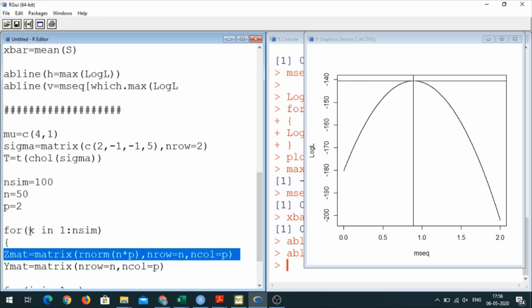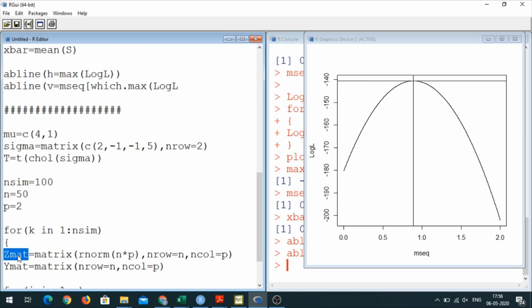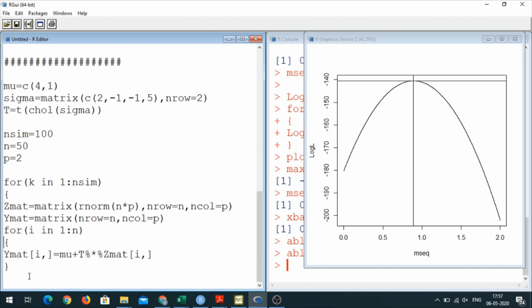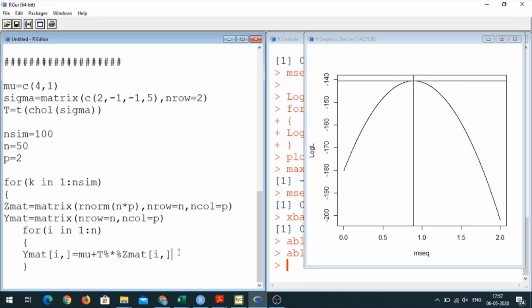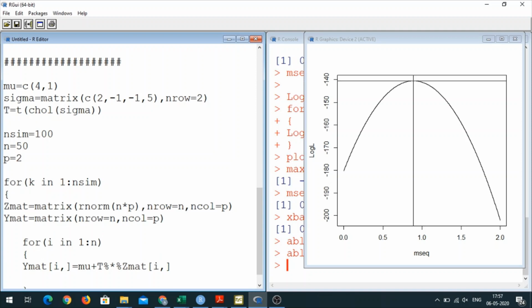So for every simulation, first I'm going to draw a sample from standard univariate normal, then transform that sample to multivariate or bivariate normal. On that bivariate sample I have to compute the quantity (x minus mu) prime sigma inverse (x minus mu). So let me do that. In fact, we can do it inside here also. Let me call it QF. QF is a blank vector to store the quadratic form.